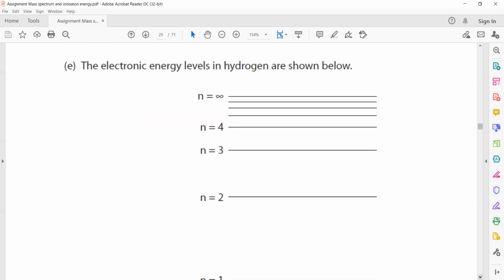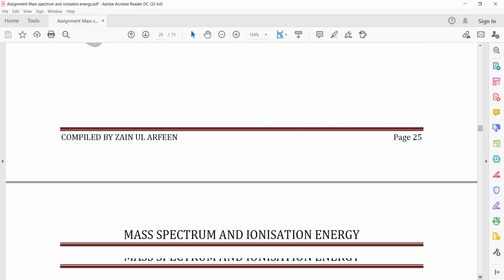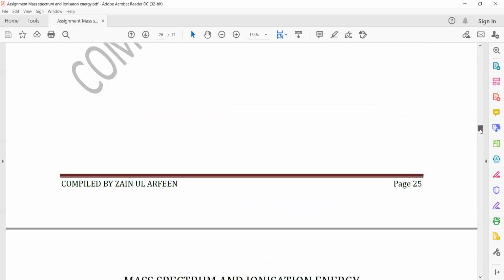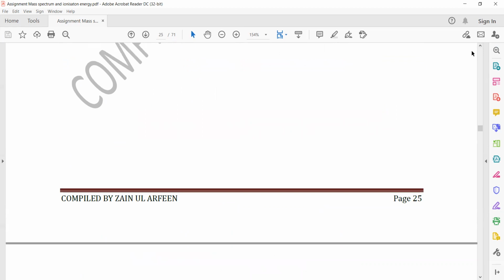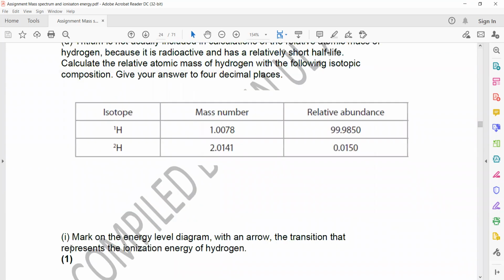The electronic energy level for hydrogen is shown. Use the diagram to suggest why this is... The first part was to mark on an energy level diagram the transition that represents ionization.